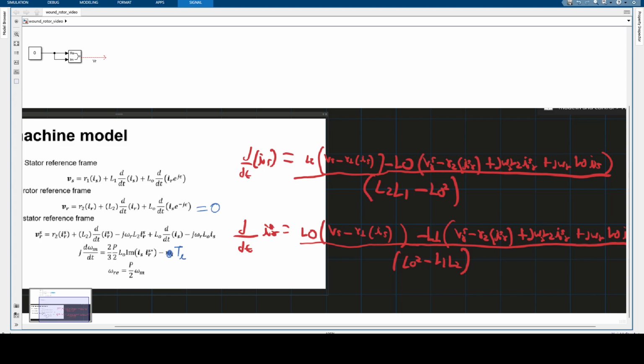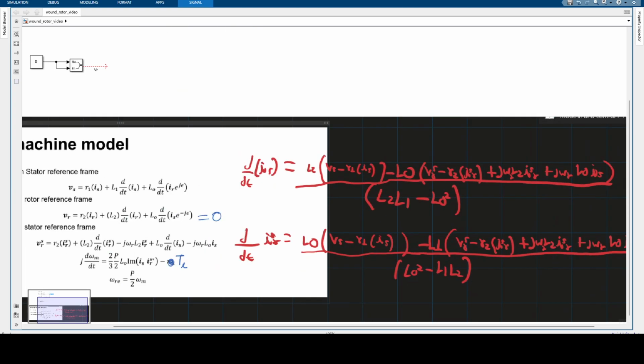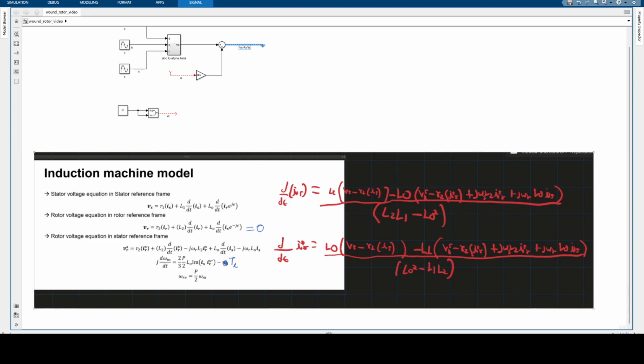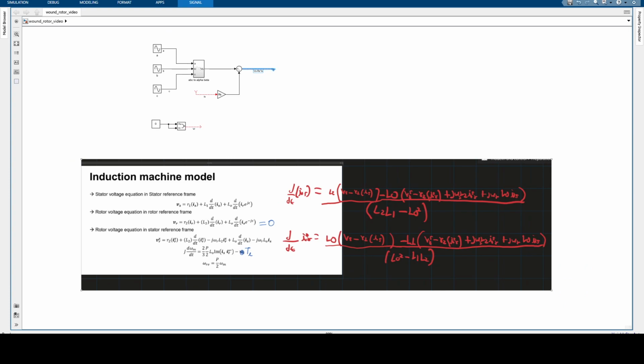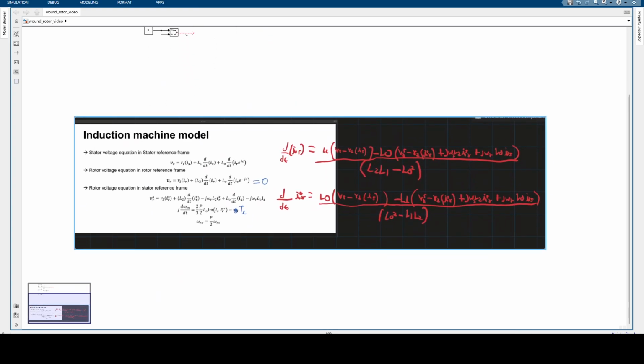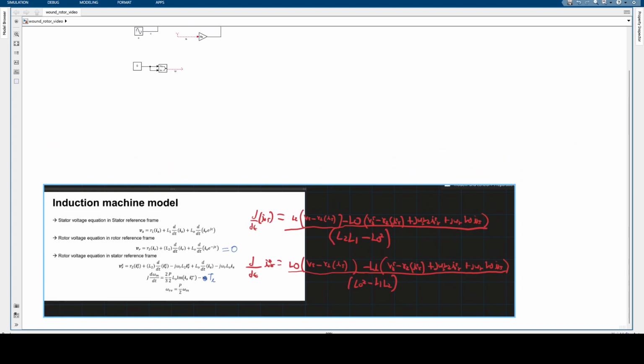So we know that we have L naught, sorry, we are going to have P here, BSR minus R2 ISR plus J omega L2 ISR plus J omega L naught ISR. Okay, so we can build all that part down here.